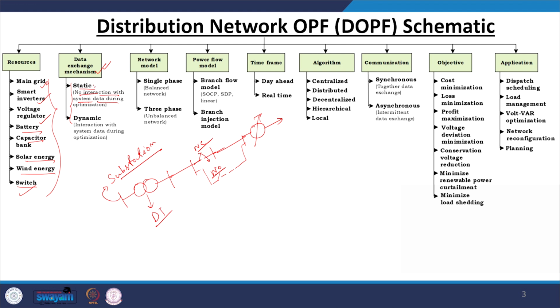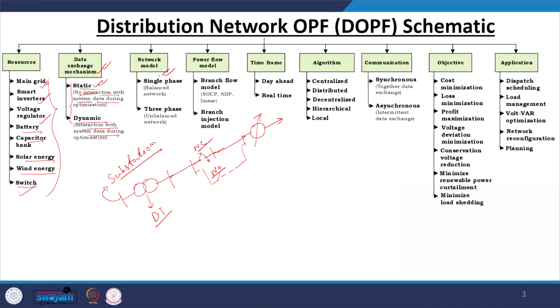That is called a static formulation. But in the case of dynamic formulation, which is very difficult to do, you can give a feedback or an interaction loop with your actual system, so that even while your OPF problem is being solved, you can send updated information from your network, and the OPF problem has to accommodate it and implement it whenever it takes the next decision.